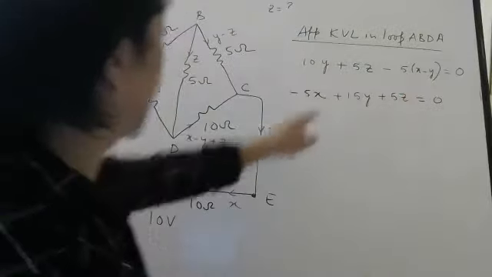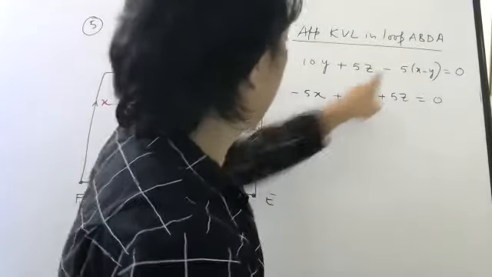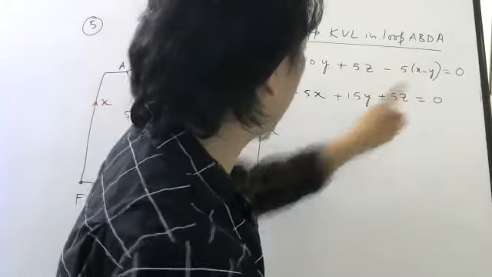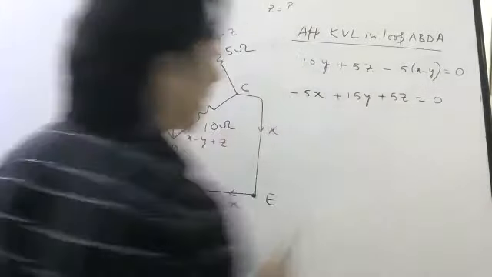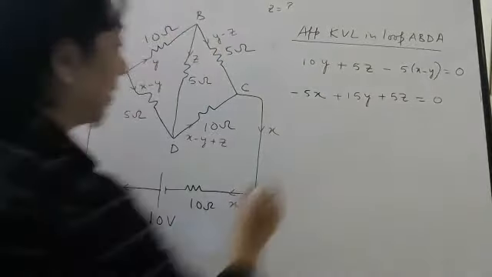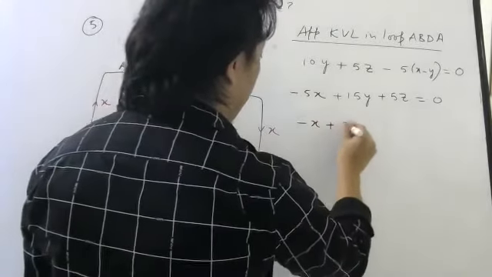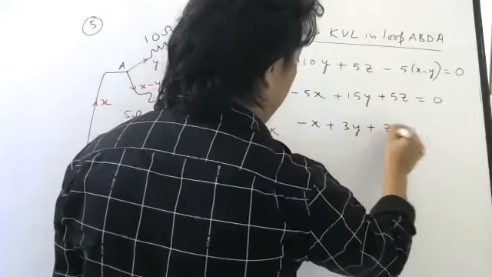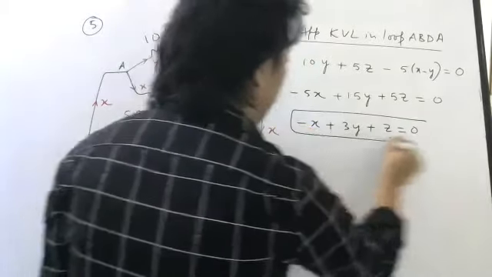Let us divide both sides by 5 to make it simpler. Minus X plus 3Y plus Z equal to 0. So this is my first equation.